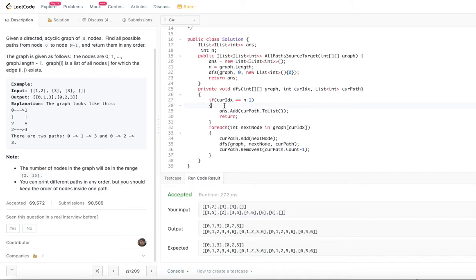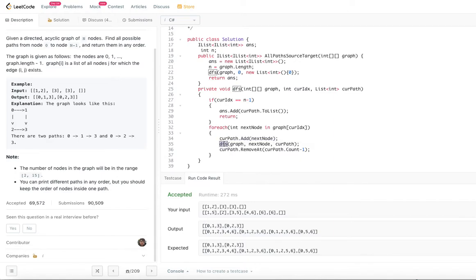But otherwise, if the current index is not the last node, what if that is the case? Then we will be doing the DFS starting from whatever nodes we can reach from the current node, right? So for each next node in the graph, we add that node to the path and do a DFS again from there.